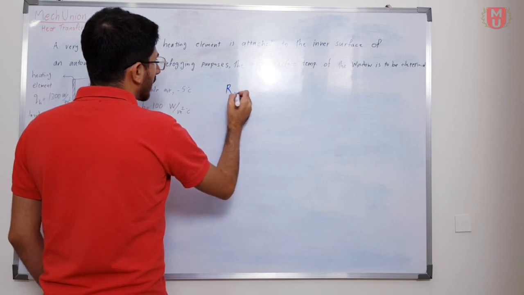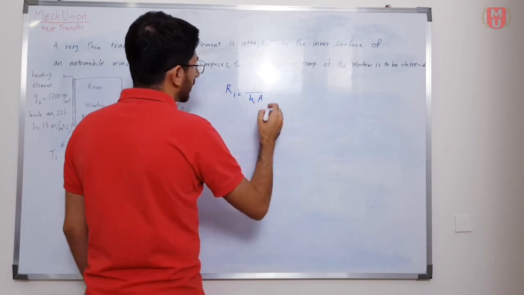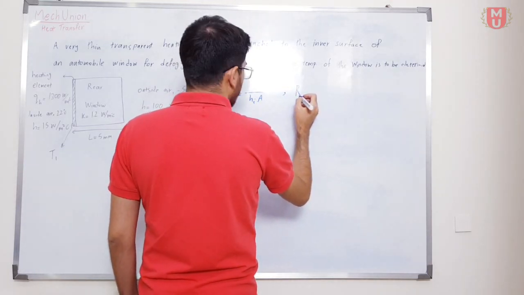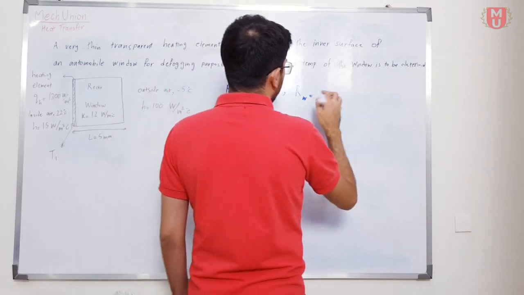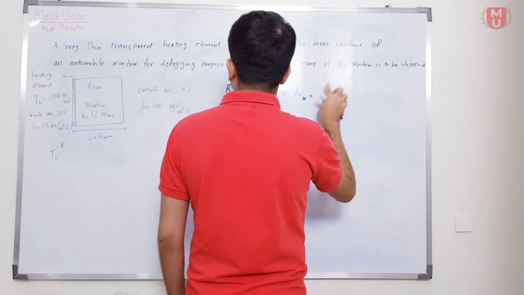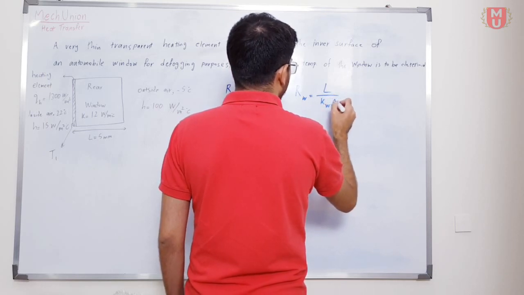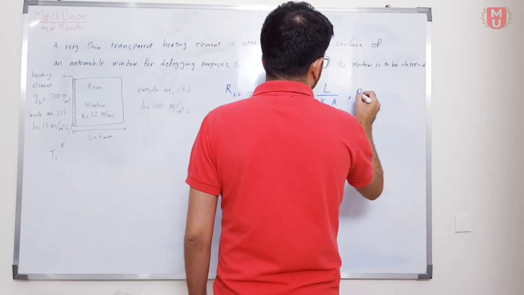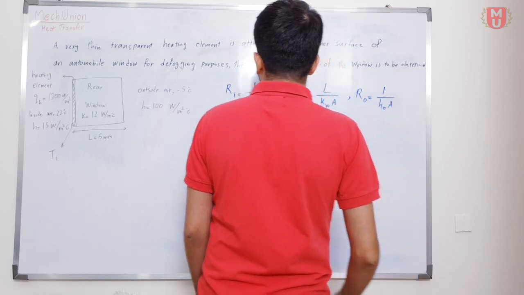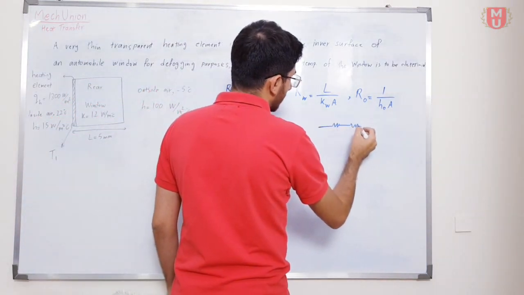R of inside is 1 over H inside times A, and R of window is in Cartesian format, delta X or L, simply we write L over K of window times A, and R of outside is 1 over H of outside times A. I sketch the resistance, which is series.